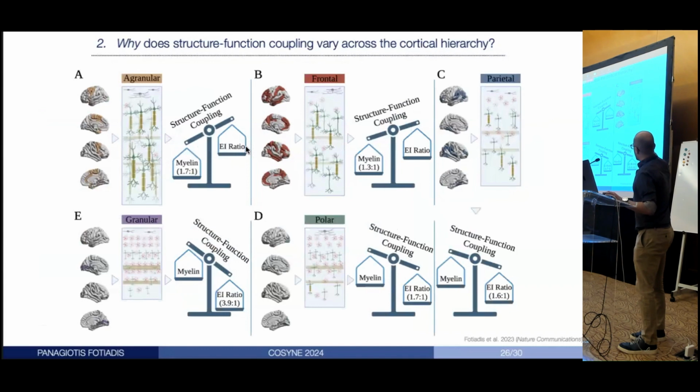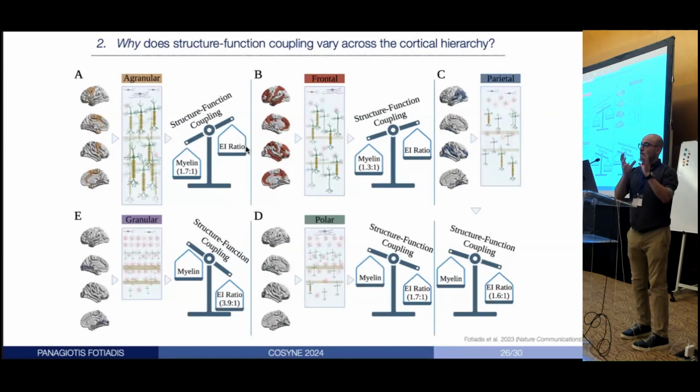But as you slowly transition towards more and more granular cortices, you notice that there is this gradual shift, where EI ratio, excitation inhibition balance, seems to be predicting a lot better how the structure function coupling behaves. So the take-home message is that different networks rely upon different biological mechanisms to operate.